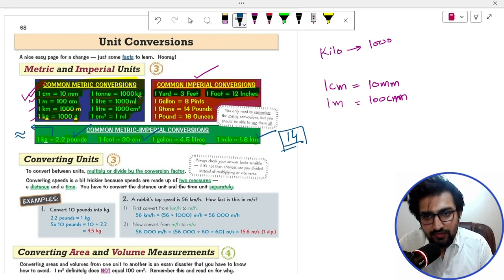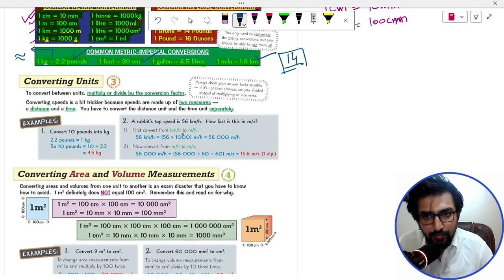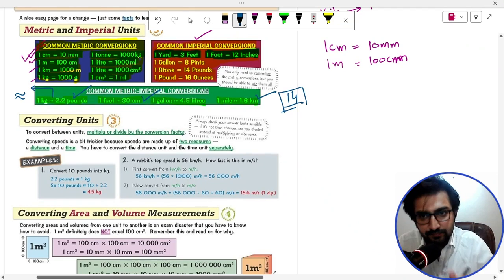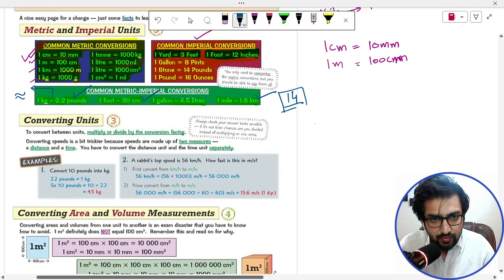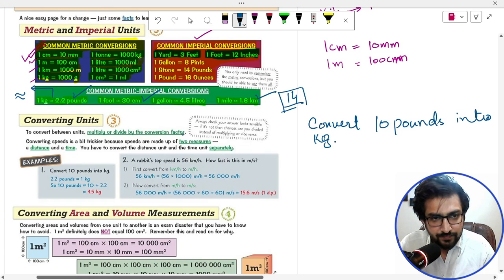Now let's solve questions, to see how the questions could be. The question is to convert 10 pounds into kilograms.